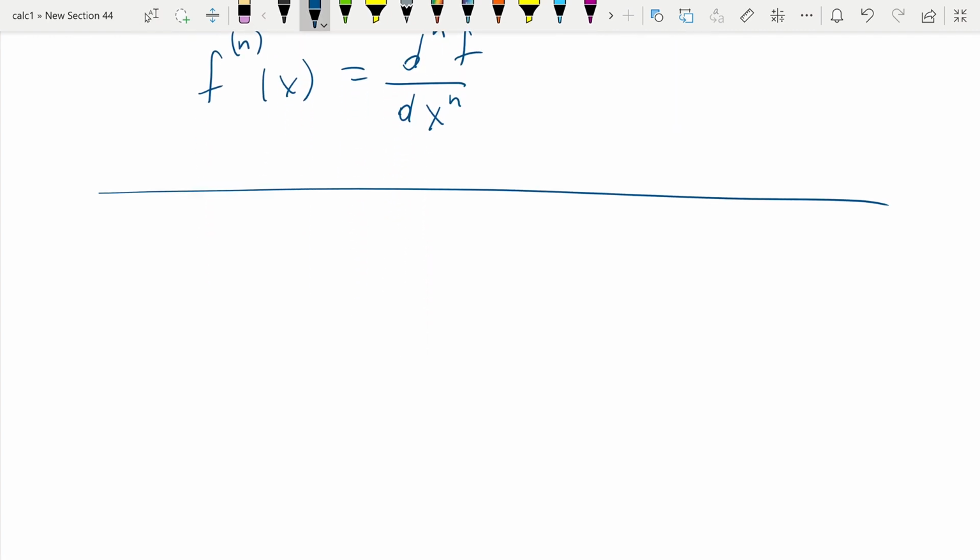Of particular importance is the second derivative. F double prime is the rate of change of what function? Remember, f double prime is the derivative of f prime. So this is telling us how fast f prime is changing.